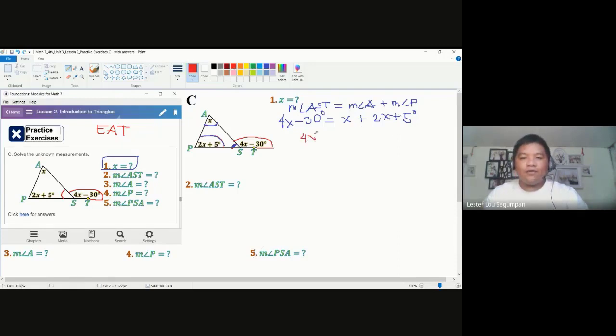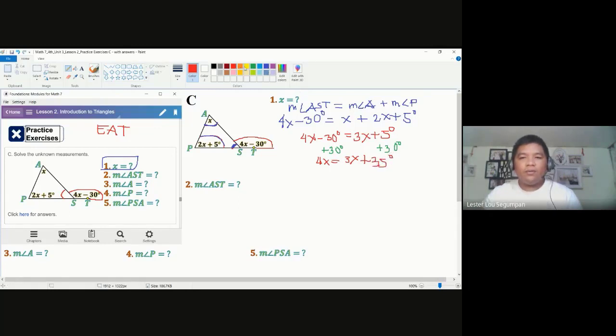So we'll have 4x minus 30 degrees is equal to 3x plus 5 degrees. To continue, we'll add 30 degrees to both sides. So you will have 4x is equal to 3x plus 35 degrees.